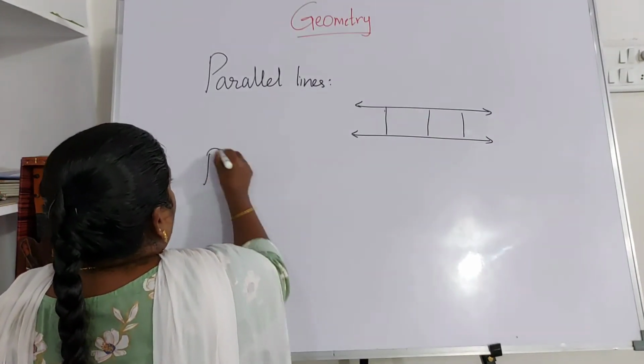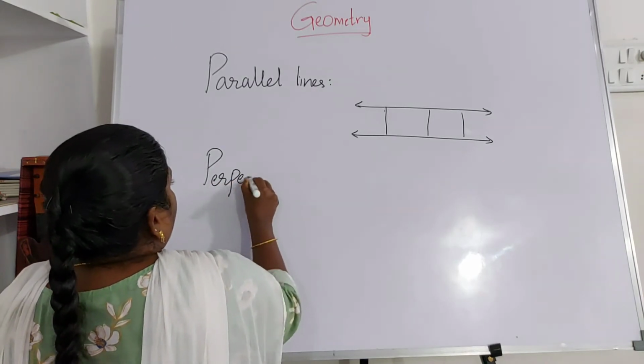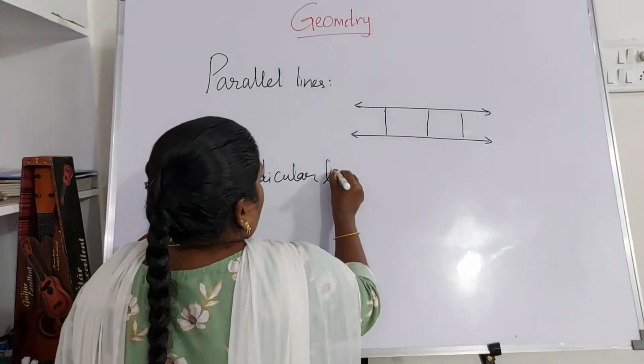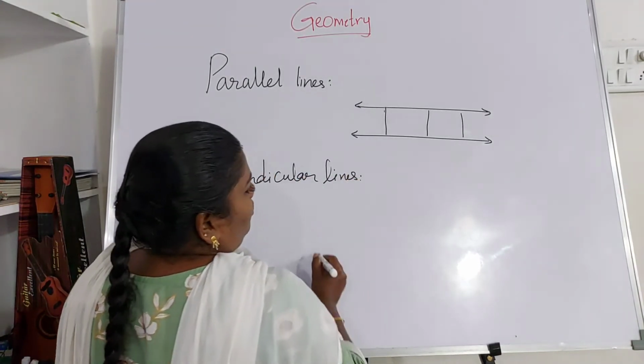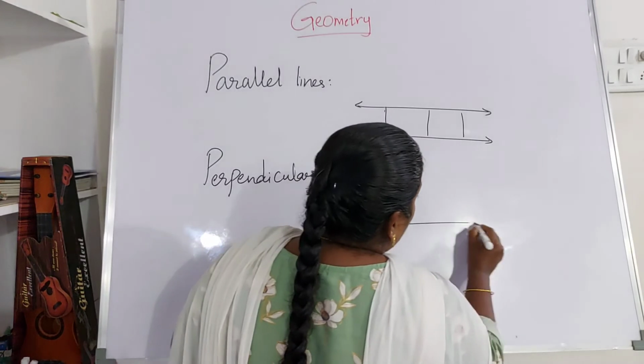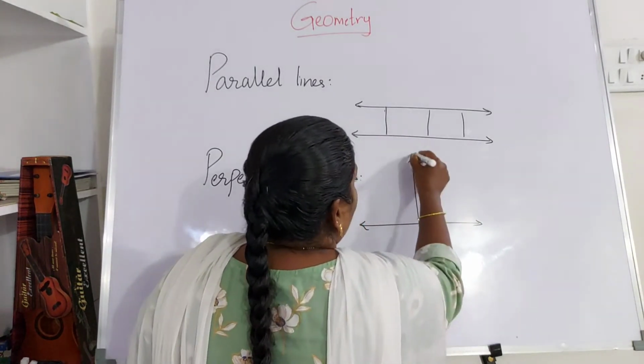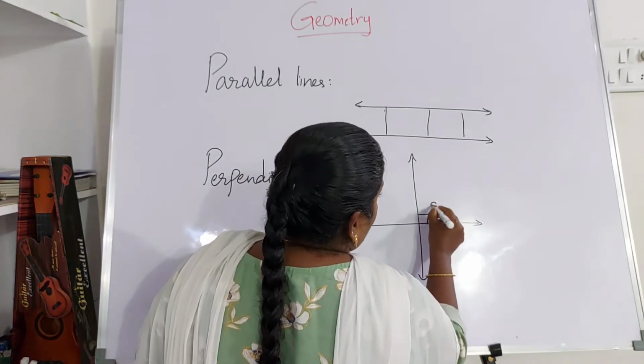Next is perpendicular lines. Now perpendicular lines are two lines meeting at a point by making an angle of 90 degrees.